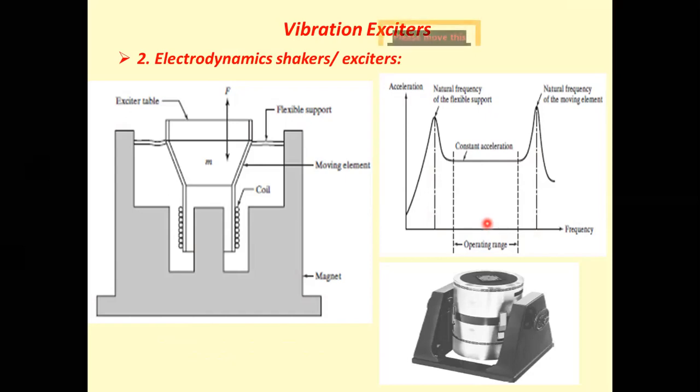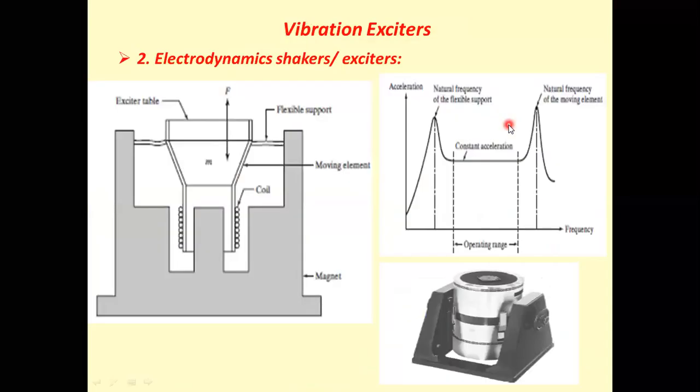But electrodynamic exciters generate a force of up to 30,000 Newton, the displacement of the moving element or flexible support is up to 25 mm, and the frequency we can produce is 5 Hz to 20 kilohertz.